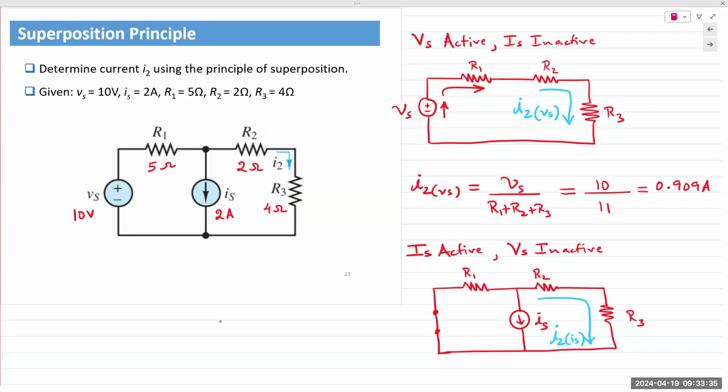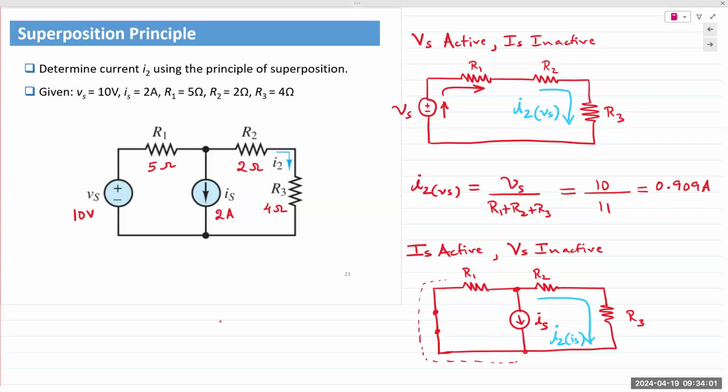So what do you see? R2 and R3 are in series. We can reduce those. And then R1 is connected to Is at the top node. And then if we follow this pathway, the other end of R1 is also connected to the other end of Is.